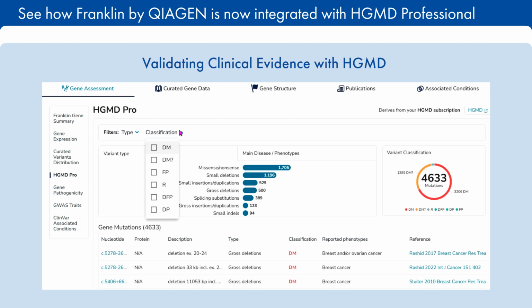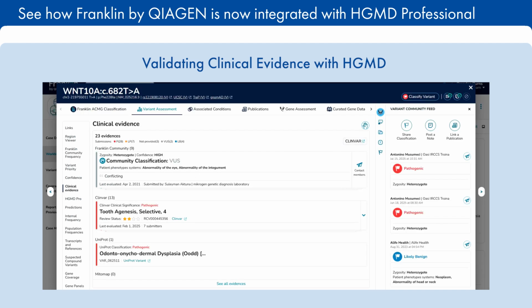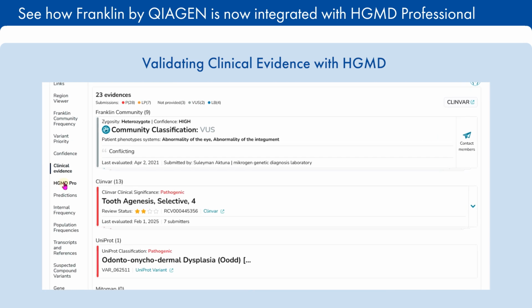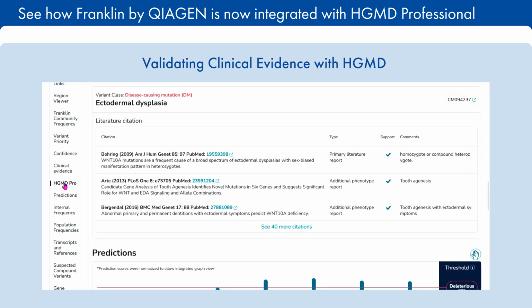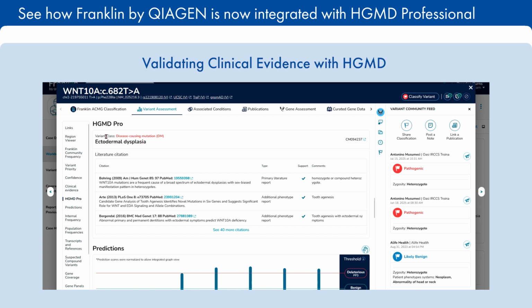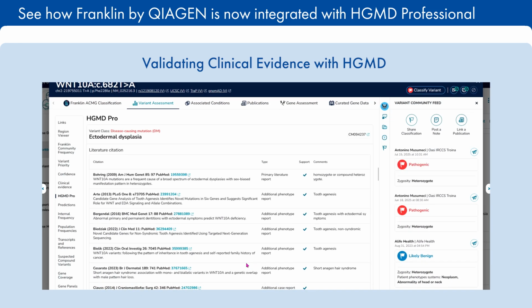You can also analyze at the variant level within a live active case. HGMD evidence appears directly in the Variant Assessment tab alongside ClinVar, population data, and Franklin's community evidence. You can select it by selecting HGMD Pro on the left-hand side of your screen, and once selected, it will take you to the region that identifies both the disorder associated with the variant you are evaluating, as well as all of the literature that is available in Franklin, including comments from the curators.